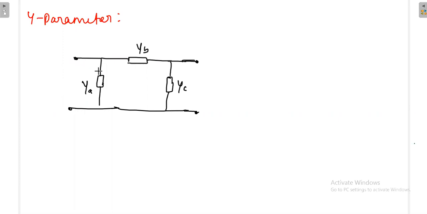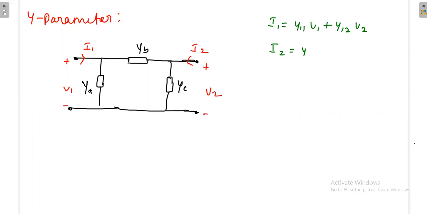With respect to the two-port network, the current will always enter the network: I1, I2, with V1 and V2 across the ports. Now we are going to apply either KVL or KCL. Again, we know the standard equations for the y parameter network: I1 is equal to y11 V1 plus y12 V2, I2 is equal to y21 V1 plus y22 V2.